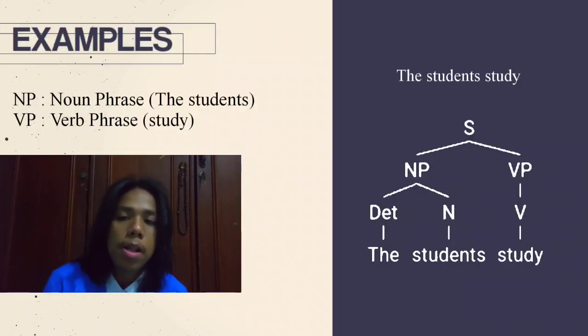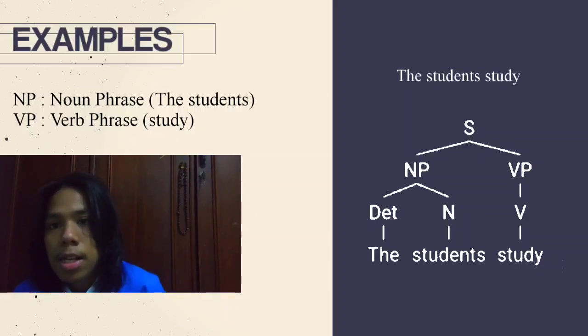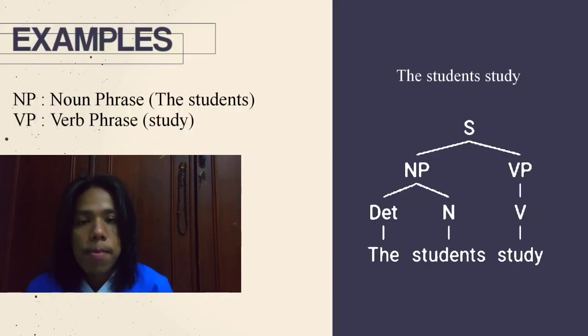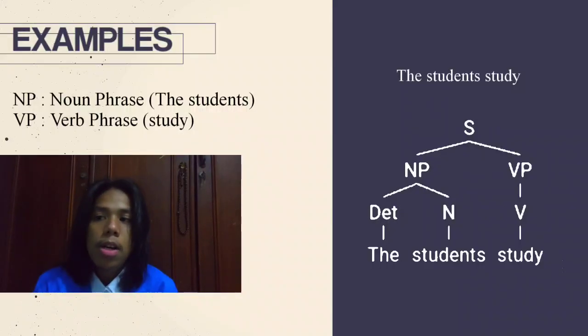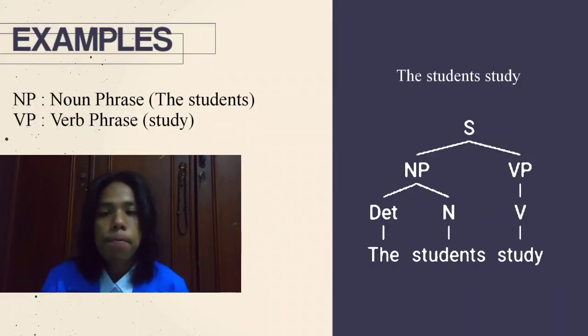Here's a simple example of the use of a tree diagram for a sentence. The sentence is "The student study," a very basic sentence. As I said, a sentence is constructed with a noun phrase and a verb phrase. So to make a sentence, it always has a noun phrase and a verb phrase, or VP.